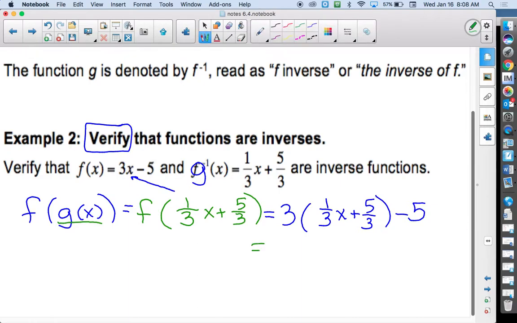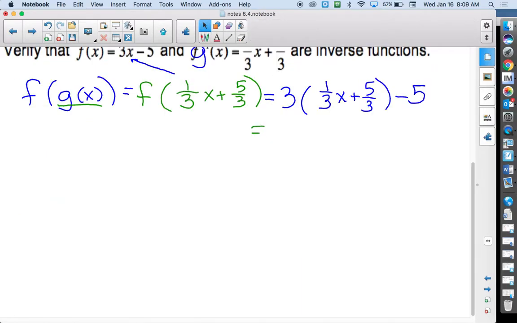All right, so now here's your little bit of mental fraction work. If a 3's outside, that means we need to distribute it inside. So Mackenzie Myers, what would be 3 times a third x? Yeah. So she said it would be 3/3, which is really 1, and then we have an x.